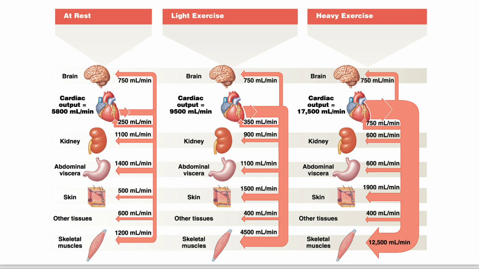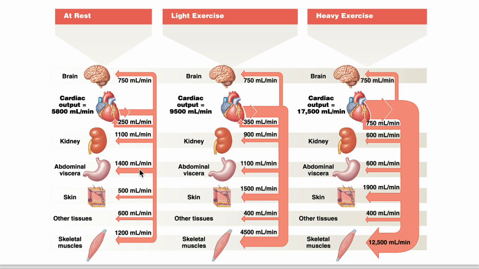So I thought you might like to see what cardiac output looks like at rest versus light and heavy exercise. When you are at rest, you can see your cardiac output. In this example, they're going with 5,800 milliliters per minute. And you can see that most of that blood is going to, for example, your skeletal muscles and your abdominal viscera, because your organs are doing a lot of work when you're at rest, right?